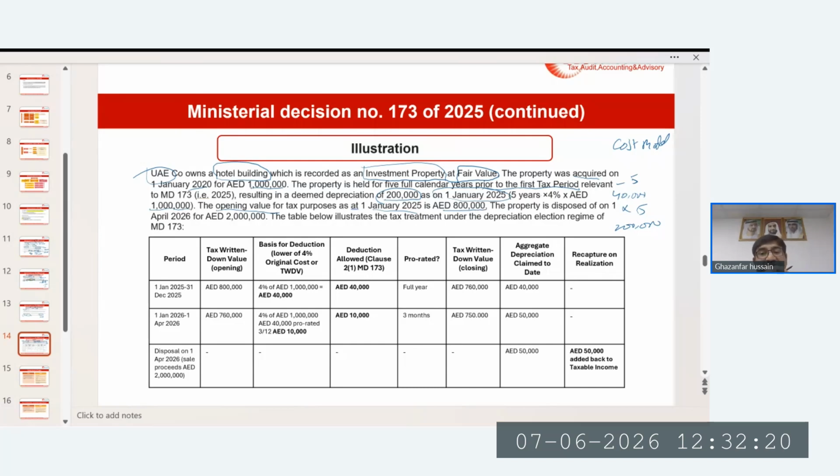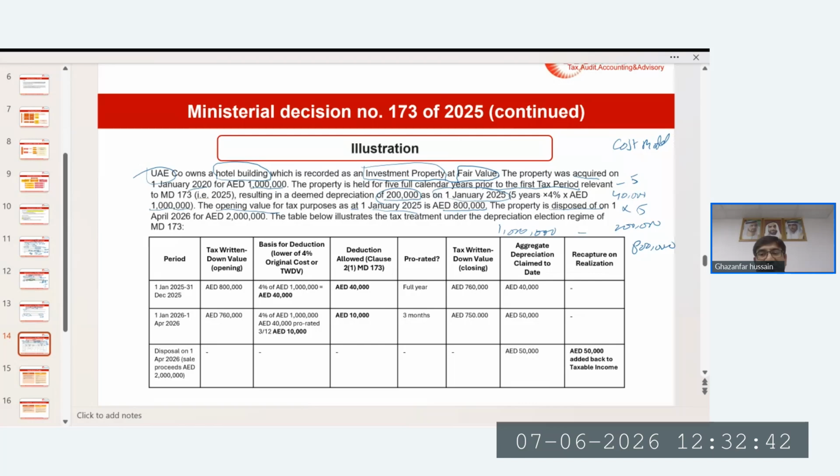In our books it is not shown; in the books the property value is different, that is the fair value. But here 800 is shown. How is it calculated? The value is 1 million minus 200, so this is the 800, right? The property is disposed of.